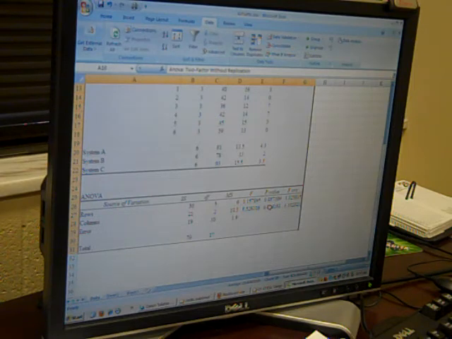For the treatment, you do have a real significant difference. So you reject the null hypothesis and you say that the treatments are different in this case.